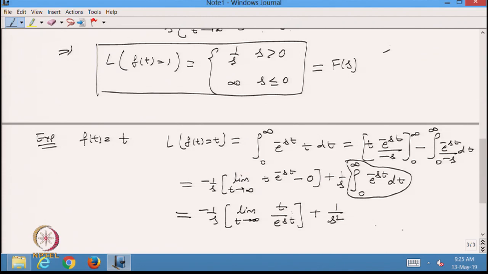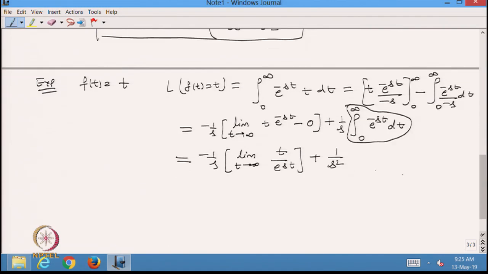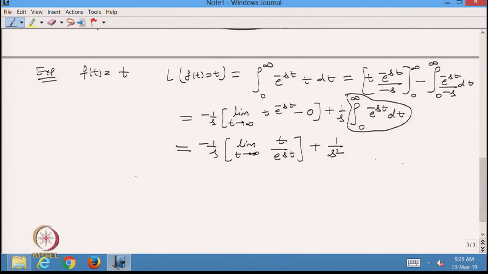In that case I will get an infinity by infinity form, and then by L'Hospital's rule I will get the limit t tends to infinity of 1 over s e^(st), the derivative, plus 1 by s square. Then as the limit t tends to infinity becomes infinity, 1 by infinity will be 0.